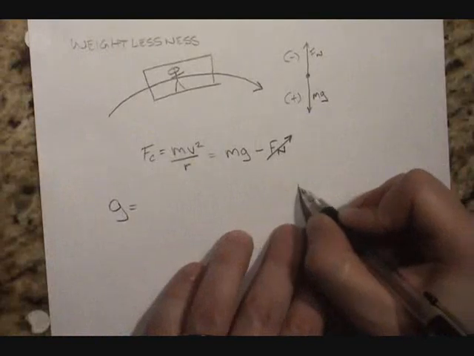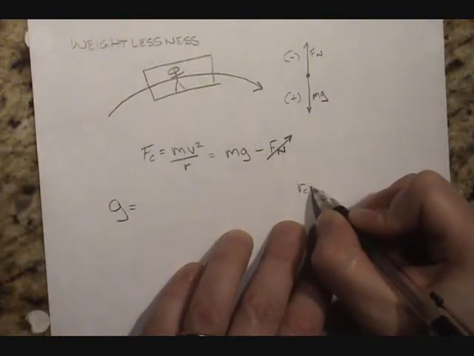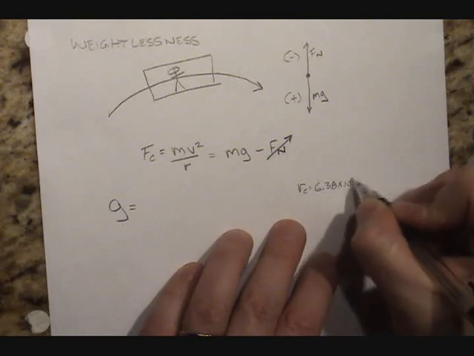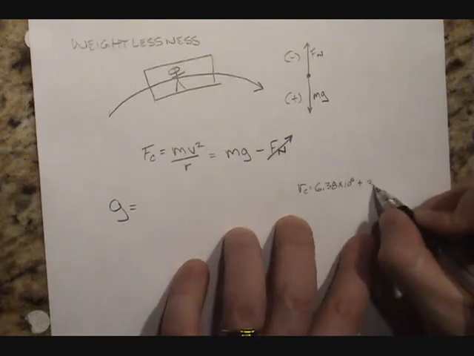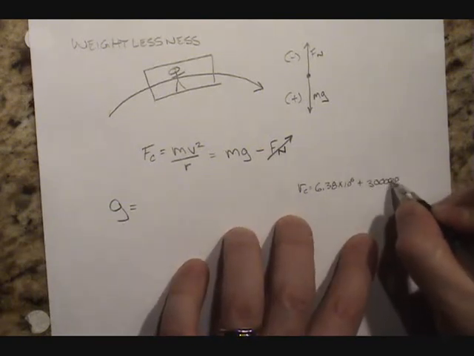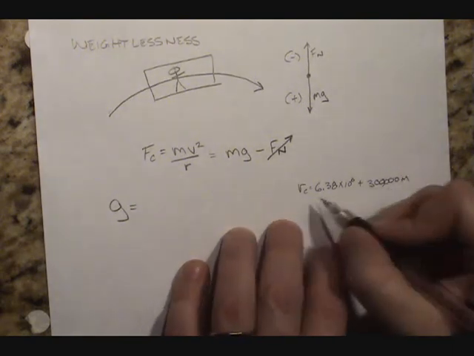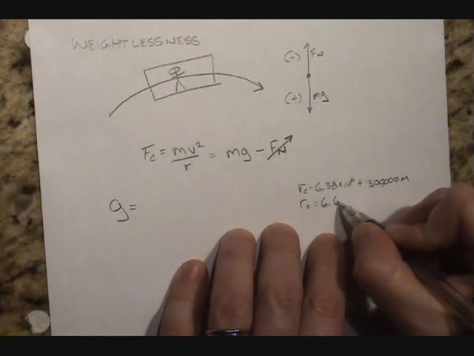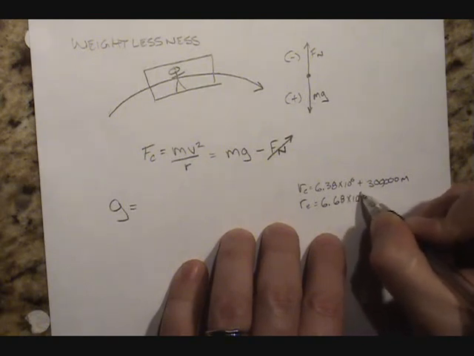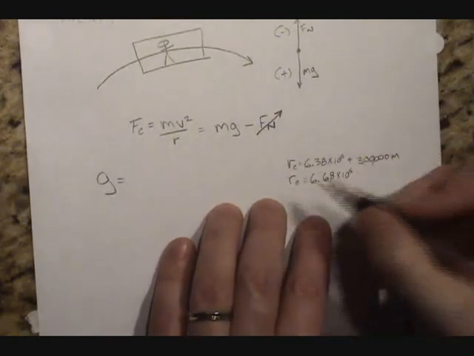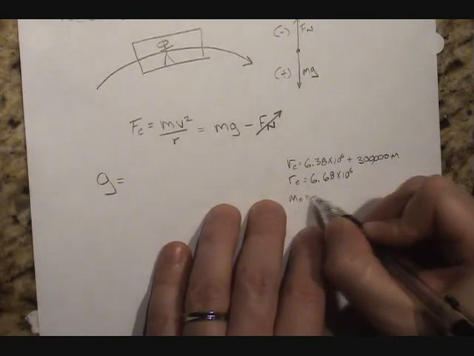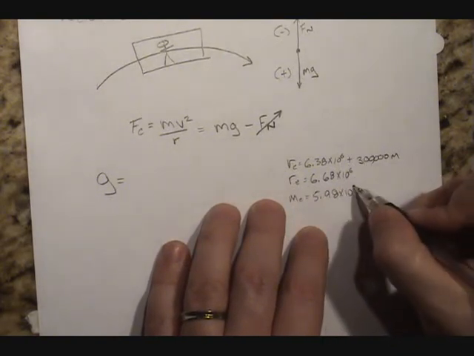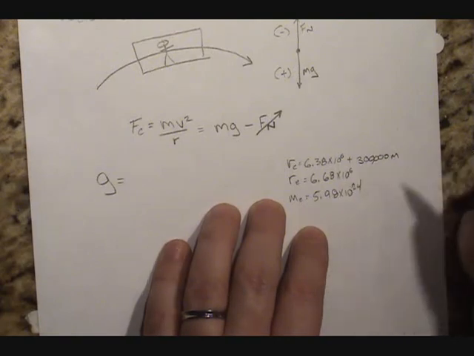So in this case, we would have a radius for the Earth of 6.38 times 10 to the 6th plus 300 kilometers, which would be 300,000 meters, and that would give me a radius of 6.68 times 10 to the 6th, and we know the mass of the Earth is 5.98 times 10 to the 24th.